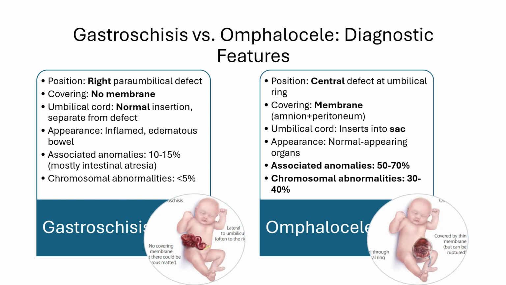These features immediately guide your management approach. Gastroschisis requires surgical closure and prolonged feeding recovery. Omphalocele demands comprehensive genetic evaluation and screening for cardiac, renal, and other system anomalies. Understanding these differences helps families grasp the distinct prognoses and treatment paths ahead.